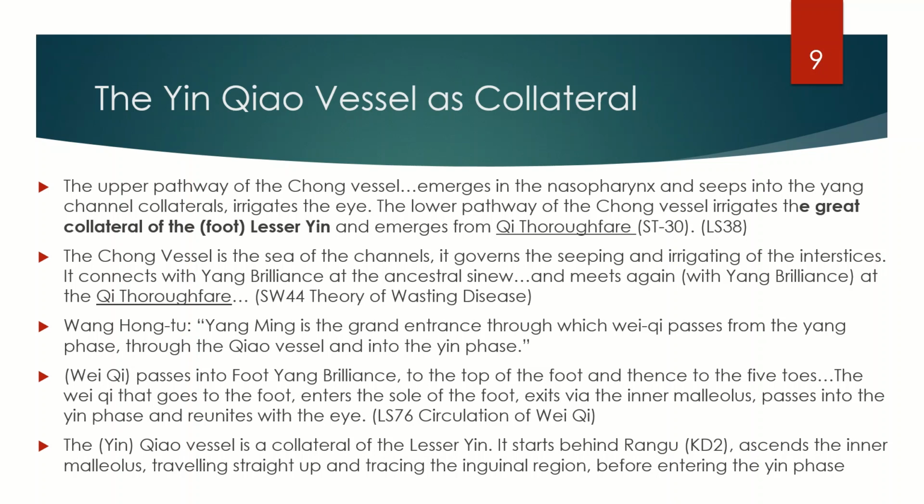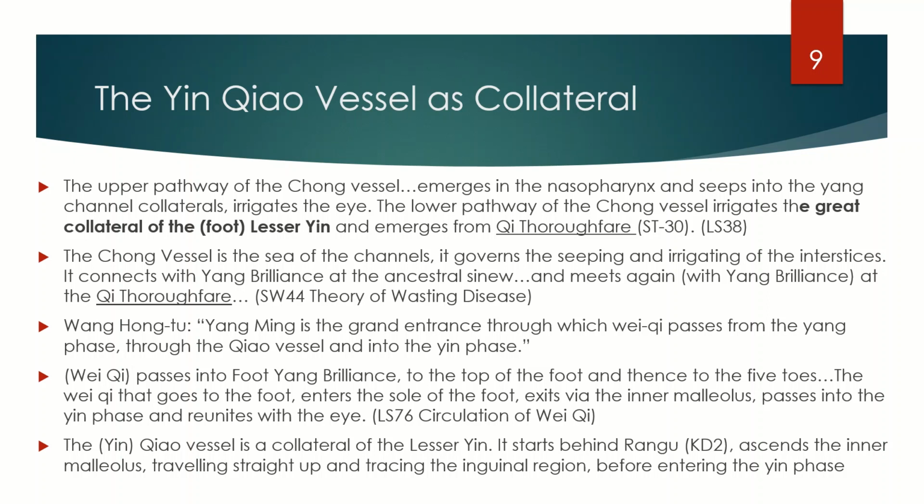Well, he says it's from circulation of Wei Qi in LS 76, where it says Wei Qi passes into foot Yang brilliance, and then the Wei Qi that goes to the foot enters the sole of the foot, exits via the inner malleolus into the Yin phase and reunites with the eye. So this is talking about Wei Qi going from the Yangming channels and then directly circulating into the Yin Qiao.